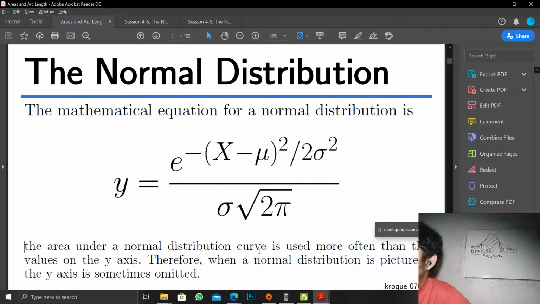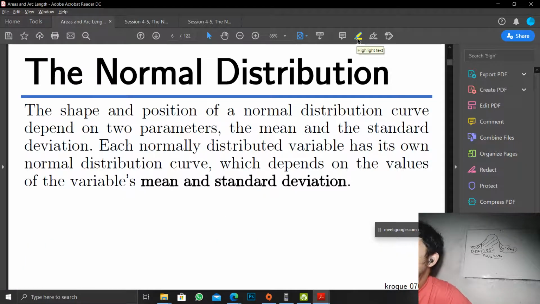Mas importante pa rin ang area under the normal distribution curve because, as we will discuss later, the area under a normal distribution curve corresponds to the probability of the variable. Okay? So, the shape and position depends on its mean and standard deviation.